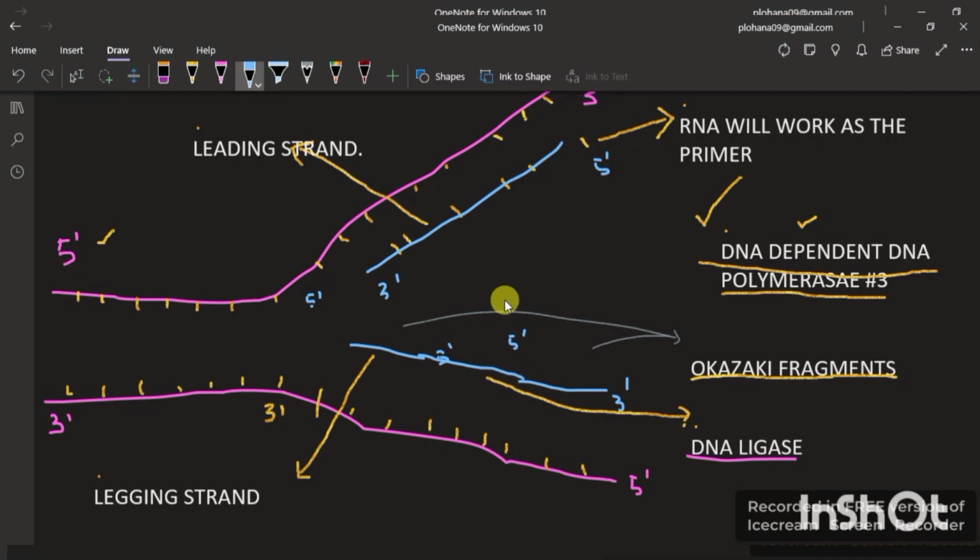So here our DNA will be replicated, like DNA will be made from its complementary DNA. So here the DNA replication process completes.